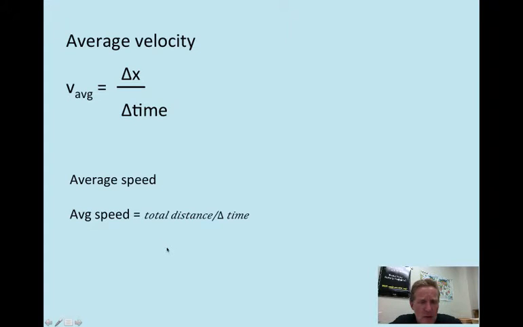And so like in Alan's case, the total distance would be the 356 meters divided by however long it took him to travel that far. If we wanted to find his velocity, then we would take the 100 meters because that was his displacement, and divide it by that same amount of time that it took him to get there.